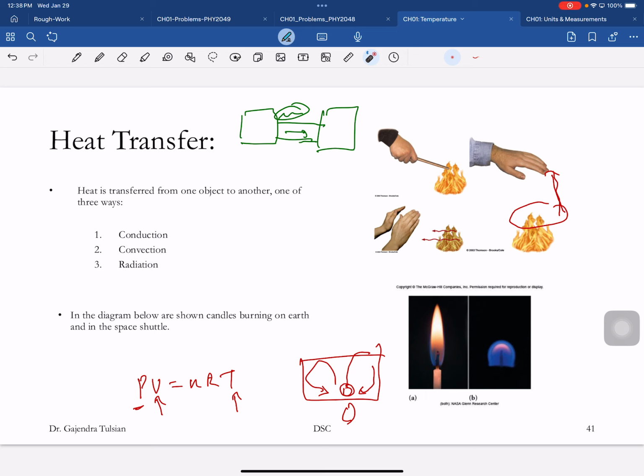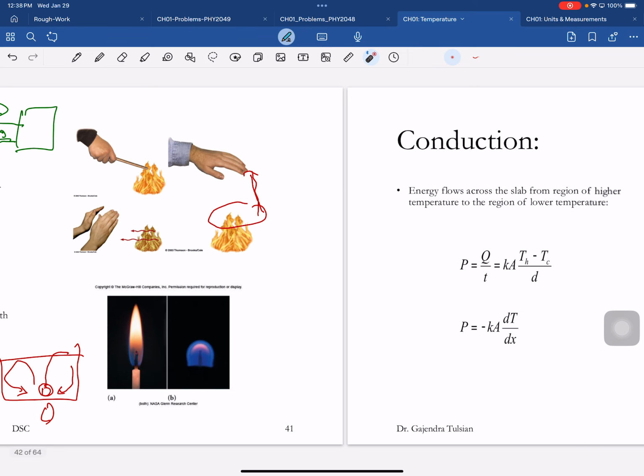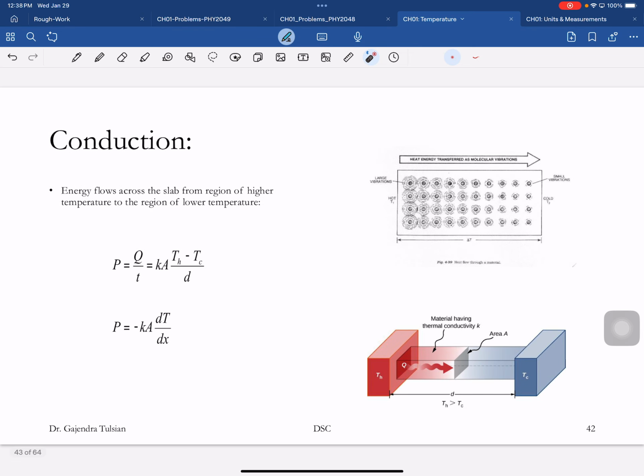Now the strength of the thermal contact might change. It will depend on the type of situation you're dealing with. We talked about conduction last time. Again, we are interested in this because, for instance, right now, heat is flowing out of this room into the environment through the walls.